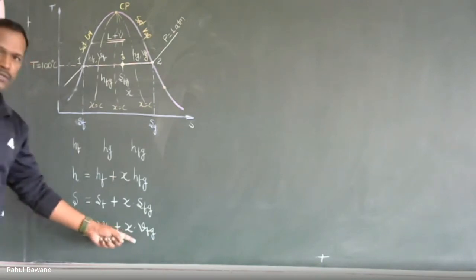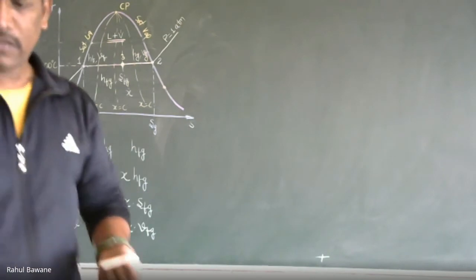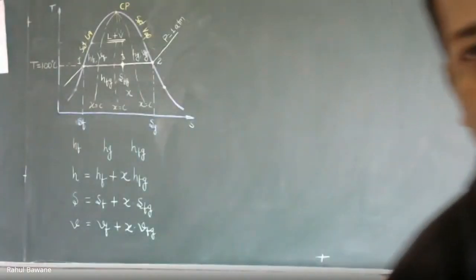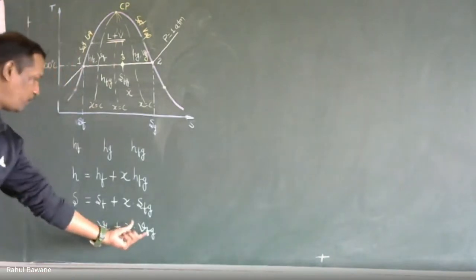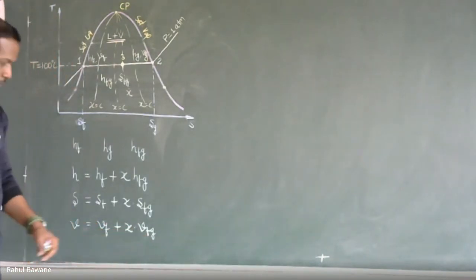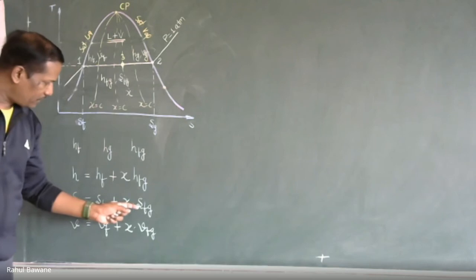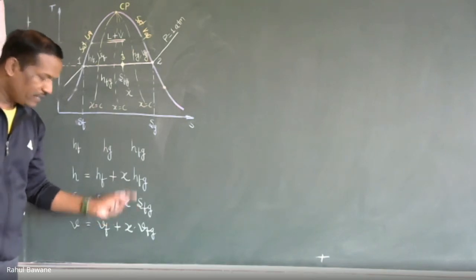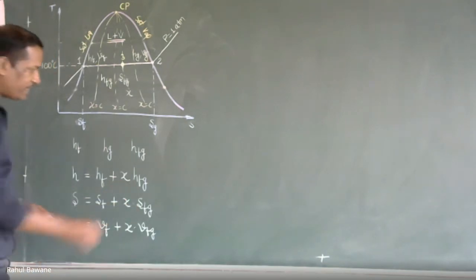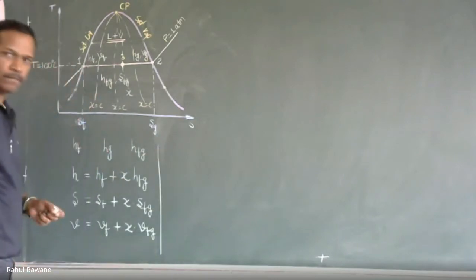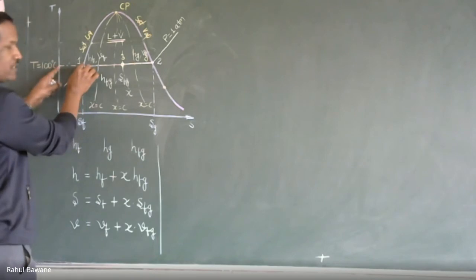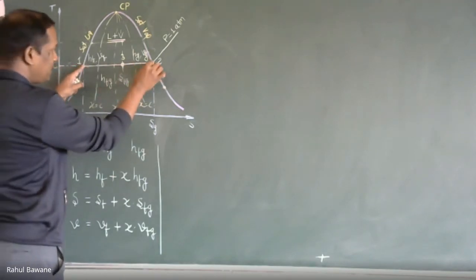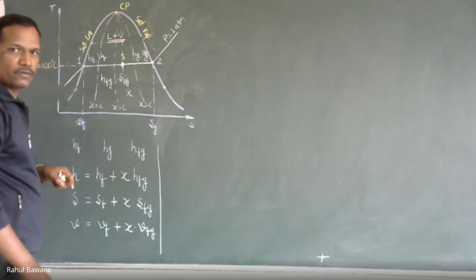Similarly, specific volume is specific volume of fluid plus dryness fraction times specific volume of fluid and gas. But it is observed that there is never a mention of Vfg in the steam table. There is no such column, Vfg. So for this Sfg, Hfg, and Vfg, we can write: this much Hf, up to this Hfg, then we reach Hg.